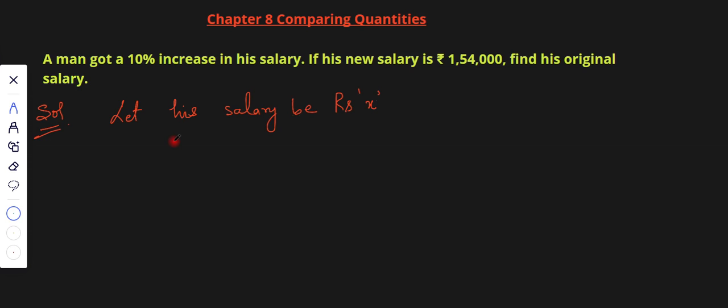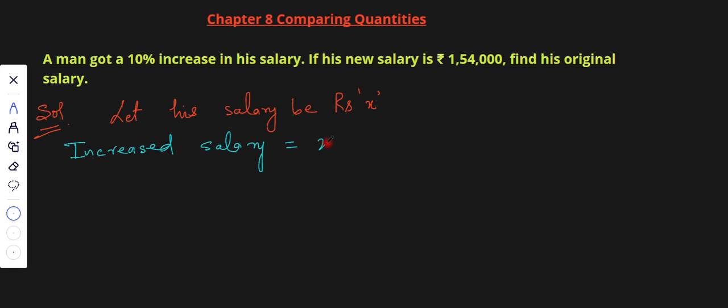Now a man got 10% increase in his salary. That means you can write increased salary is 10% increase.